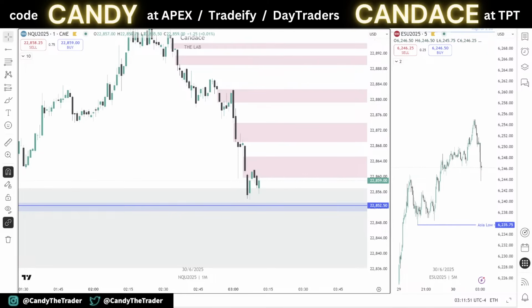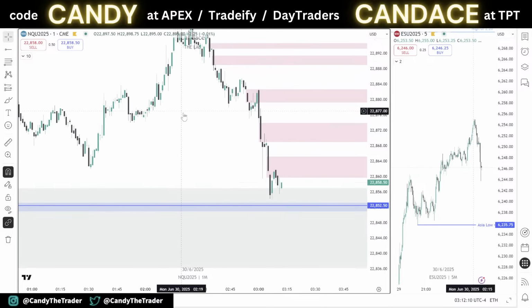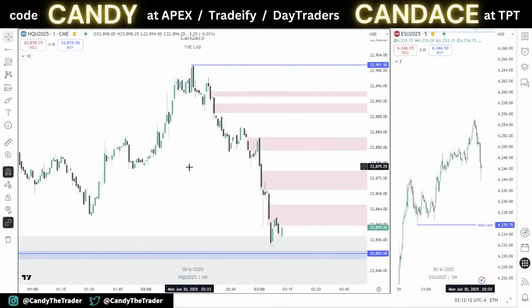Yes. The official London market open is 3 a.m. Eastern time, but the London Q zone for US indices is 2 a.m. Eastern time. And we usually get a move at 2 a.m. and also 2:30. That's why I start trading London at like 2 a.m. Eastern time.